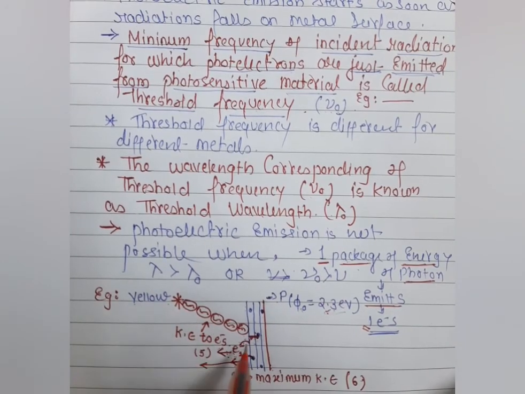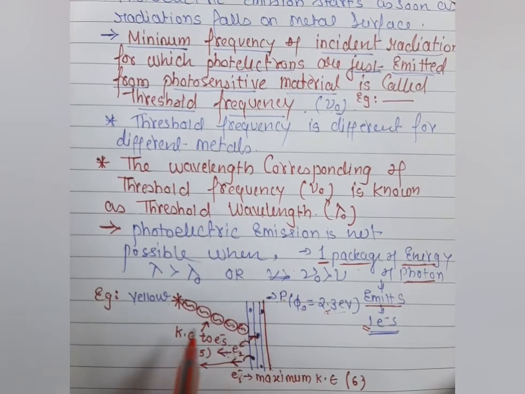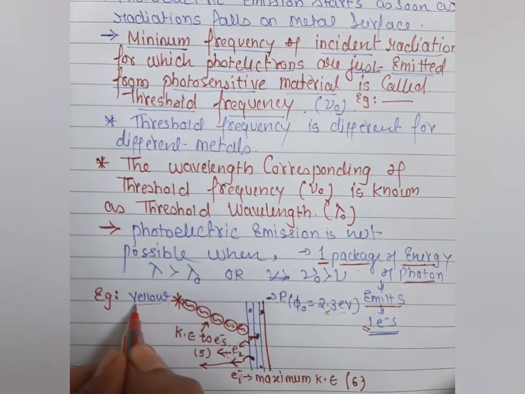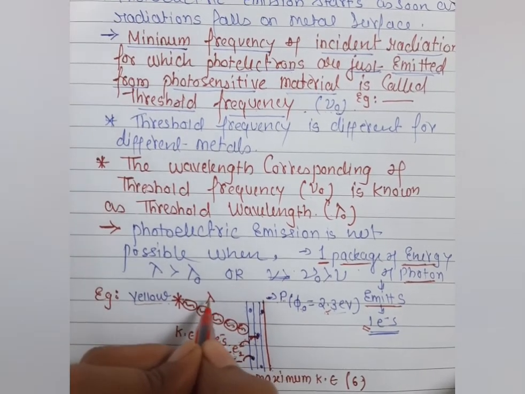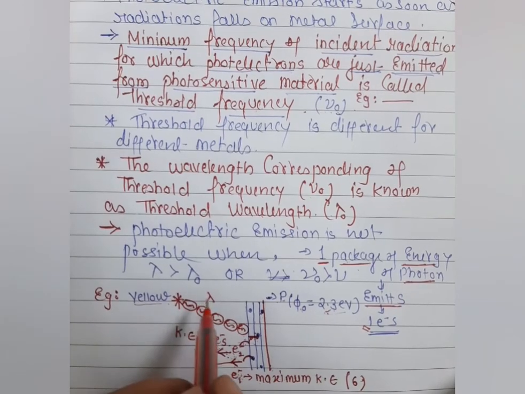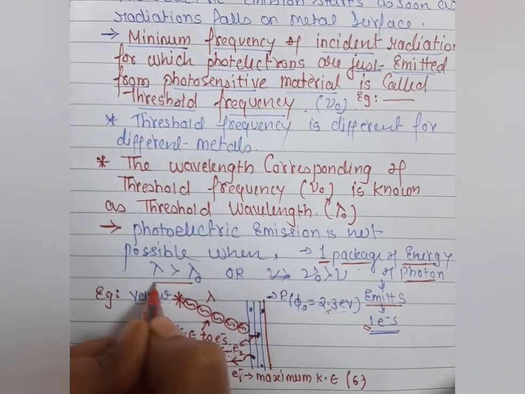The visible light is applicable for alkali metals. Here I consider the potassium metal, and for non-ionizing light I consider yellow light. The yellow light has some frequency, so it has its own wavelength, and photoelectric emission is not possible. This point is very important students.